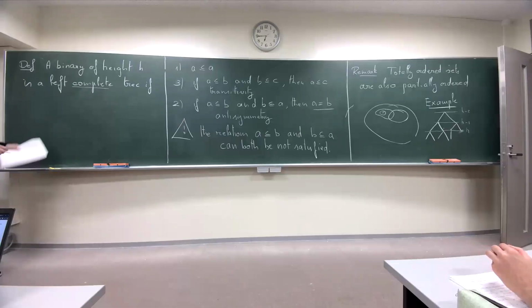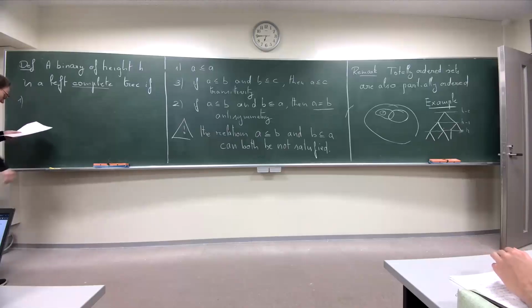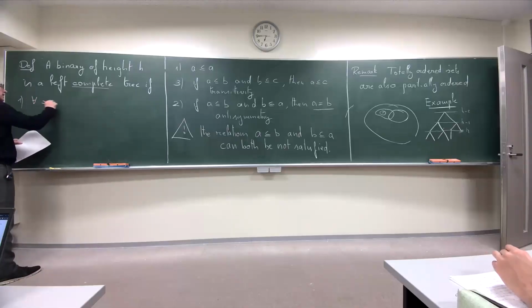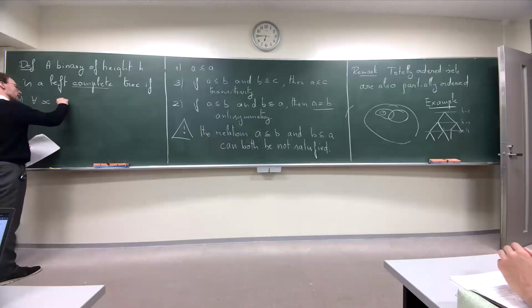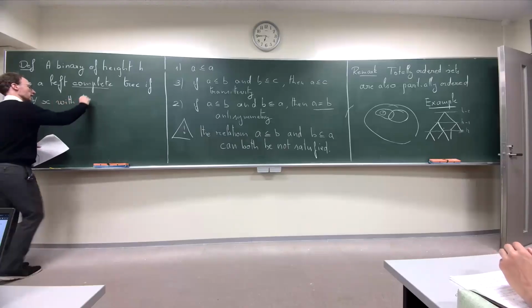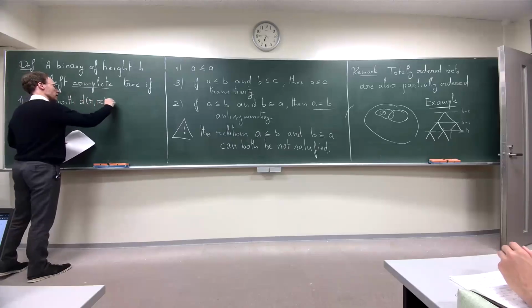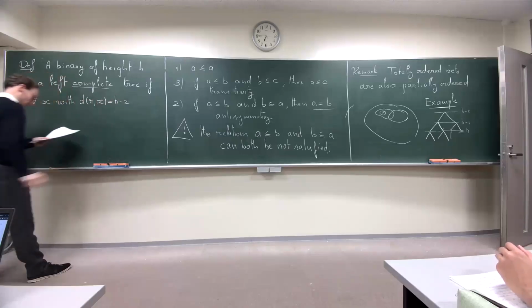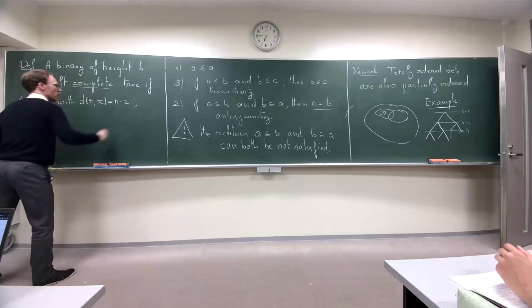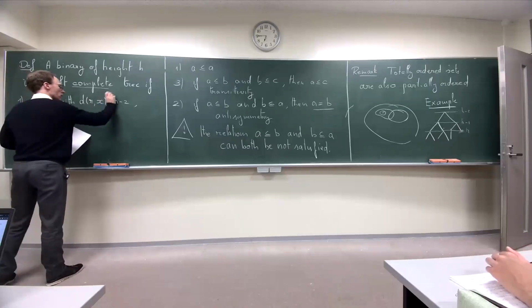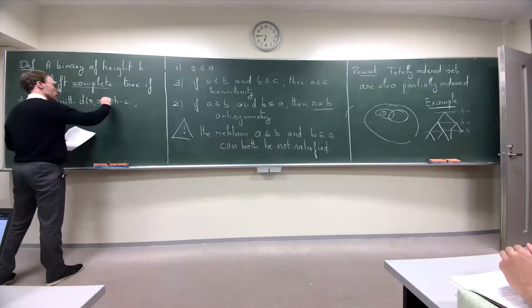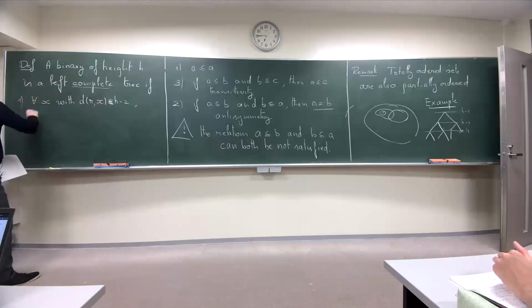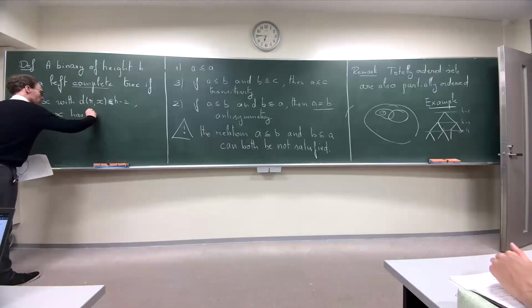For any x with depth of x smaller or equal to H minus 2, then x has 2 children.